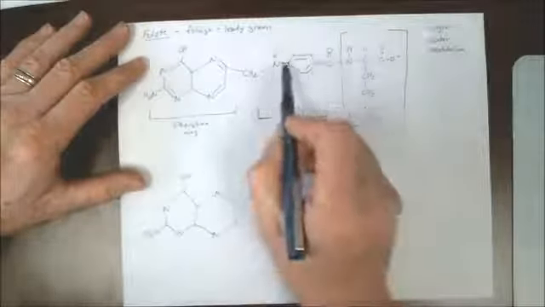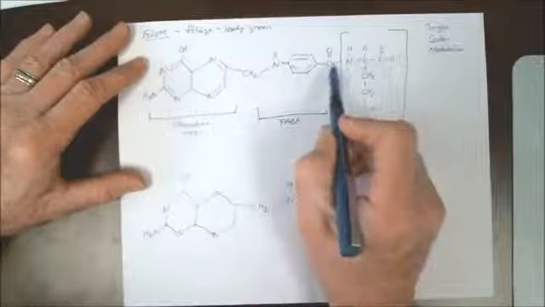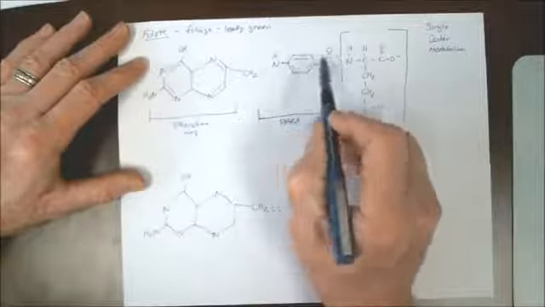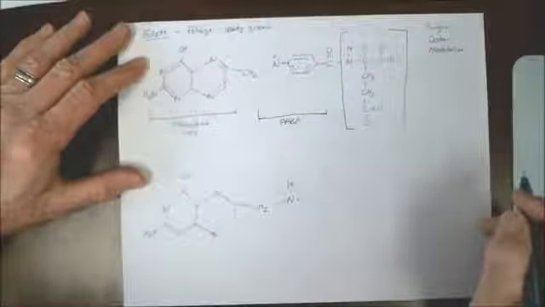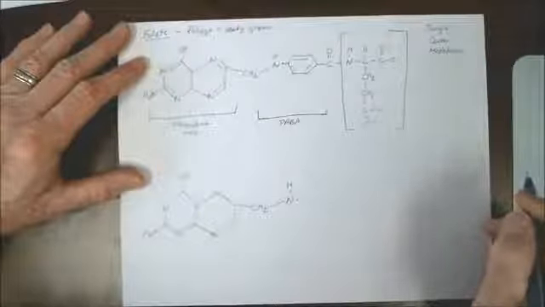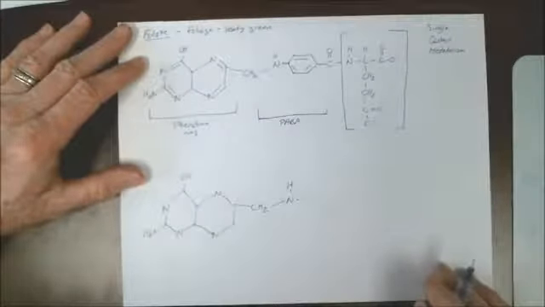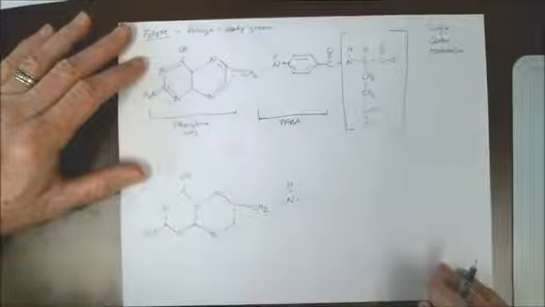So here's your para-amino in the para position off of the acid, the carboxylic acid, and here's your benzene ring. And some of you probably have heard of PABA. That is what is included in sunscreens.